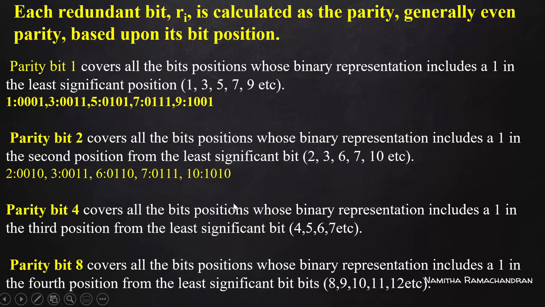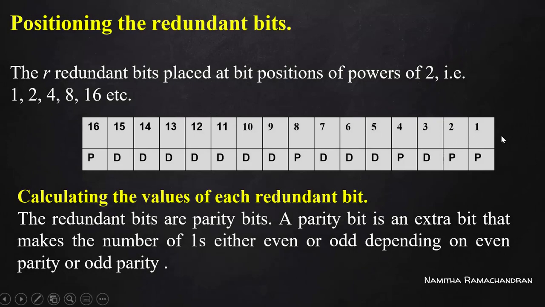These are the rules for setting different parity bits. For setting a value for parity bit 1, we cover all the bit positions whose binary representation includes a 1 in the least significant position. Right? Consider this.